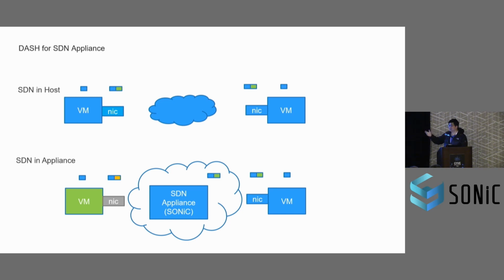Then if the VM has a need to do a lot of connections, a lot of these packet transformations, you can have more appliances aligned here to help increase the performance. So this is one of the reasons that we put those SDN appliances in a pool.